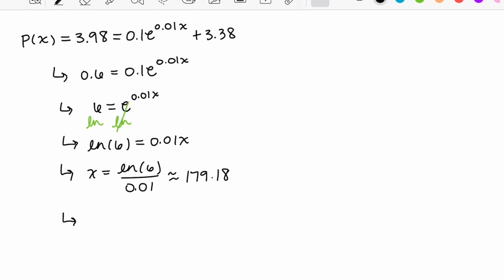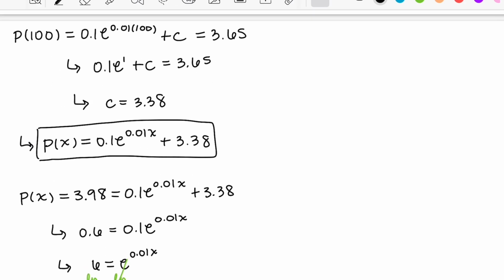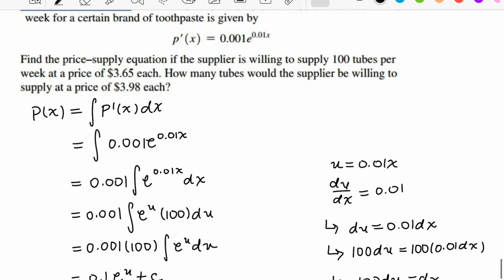So this tells us we're looking at roughly 180 tubes is how many tubes the supplier would be willing to supply at this price here.